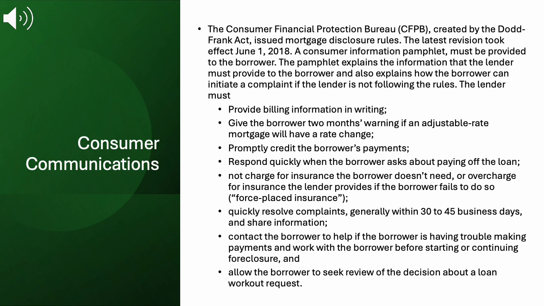Quickly resolve complaints, generally within 30 to 45 business days, and share information. Contact the borrower to help if the borrower is having trouble making payments and work with the borrower before starting or continuing foreclosure, and allow the borrower to seek review of the decision about a loan workout request.